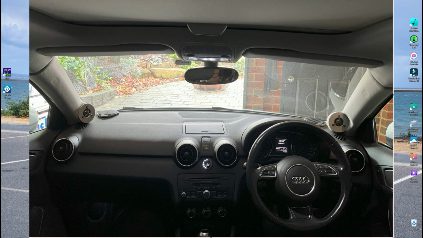What we're trying to do is get a pair of speakers, such as a pair of tweeters or a pair of mids, to play together and to be time aligned. We know a couple of things. If we sit in the driver's seat and draw a line from the passenger speaker to the listening position, and a line from the driver's speaker to the listening position, the first thing we notice is that the distance from the passenger side to the listening position is longer than from the driver's side.